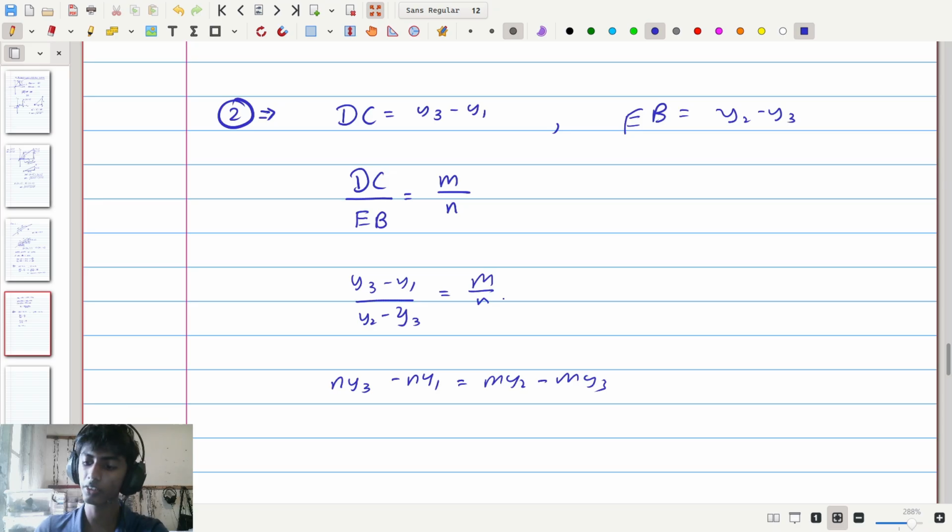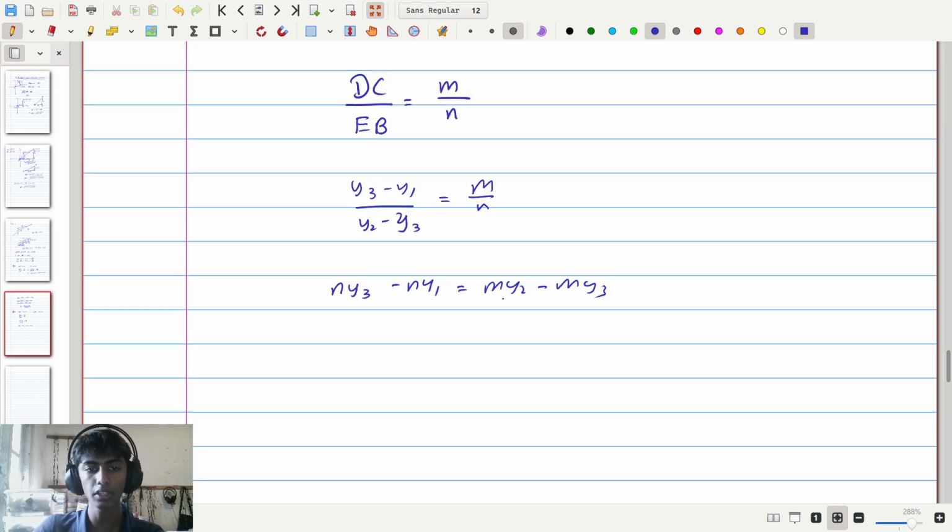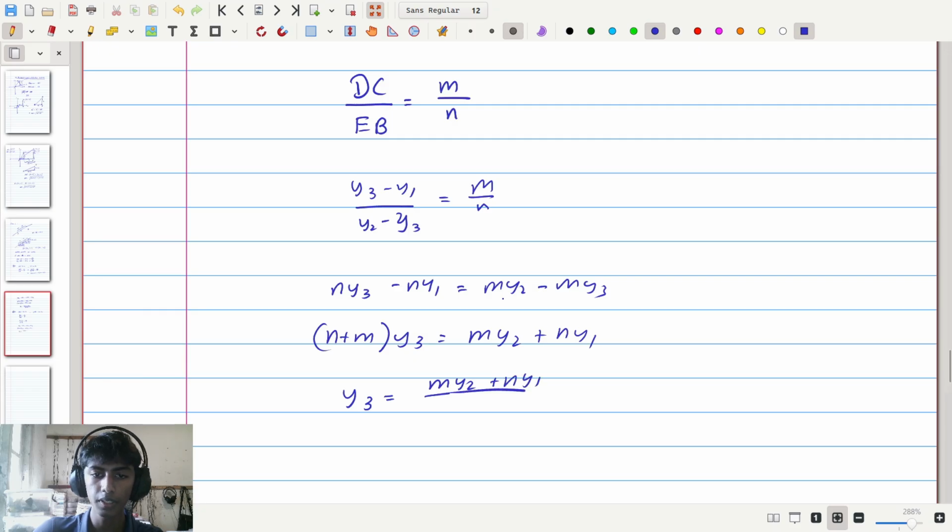Taking the y3s to one side and the other values to the other side, we get n plus m times y3 is equal to my2 plus ny1, and then finally we get y3 is equal to my2 plus ny1 divided by m plus n.